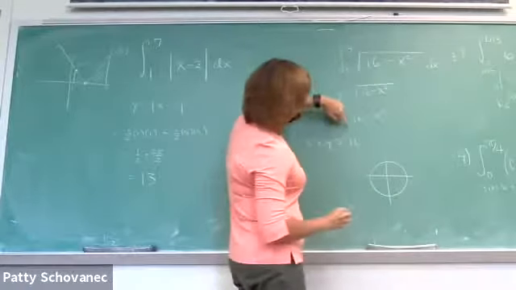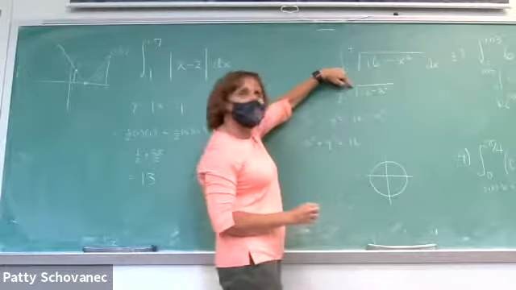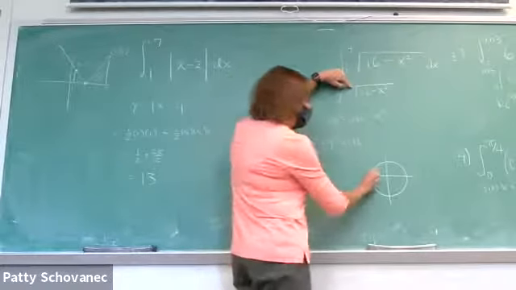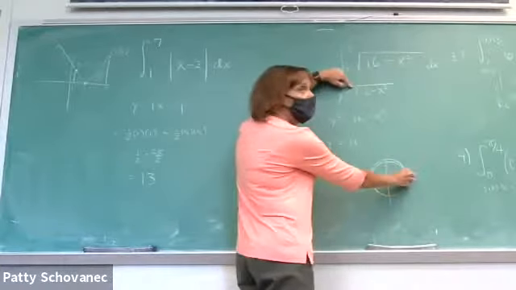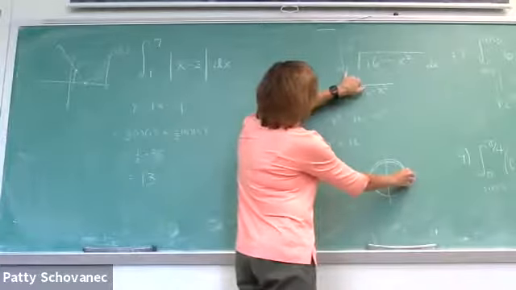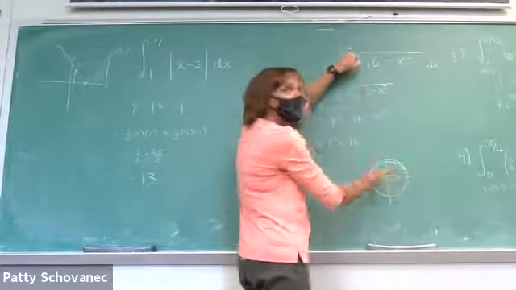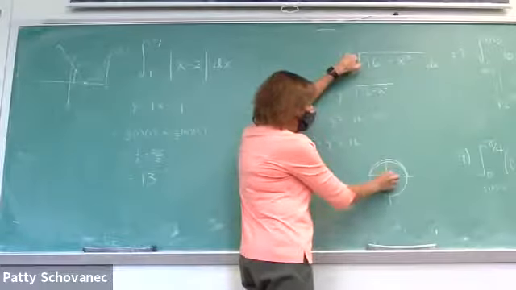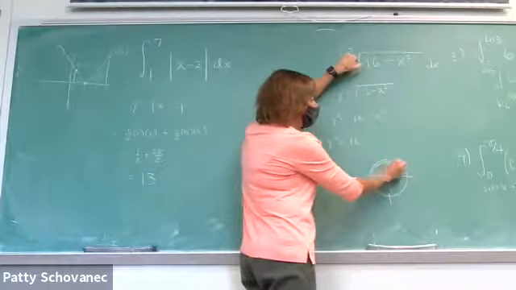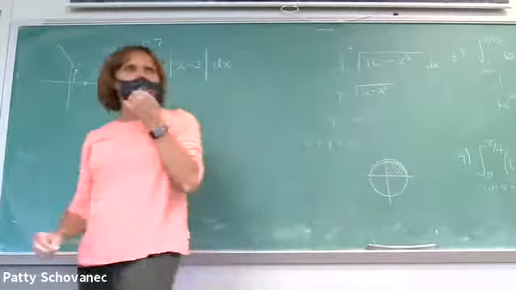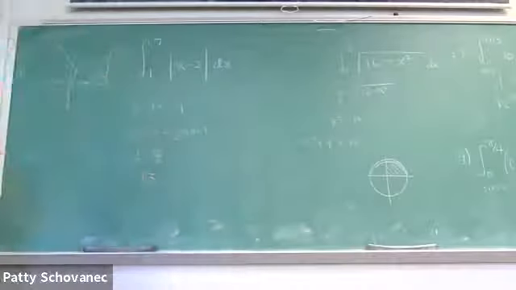When I go backwards and take the positive square root, then that's just the top half of that circle. Now when I integrate from x is 0 to x is 4, that's only giving me the top quarter of the circle. So it should be 1/4 of the area of that entire circle.